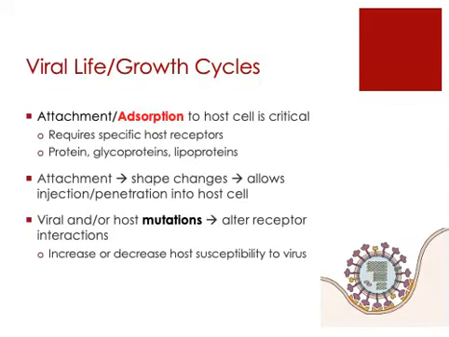And that allows the genetic material in the viral particle to penetrate into the cytoplasm of the host cell. Remember, mutations affect adsorption. Mutations can affect whether or not a virus can bind to a cell.